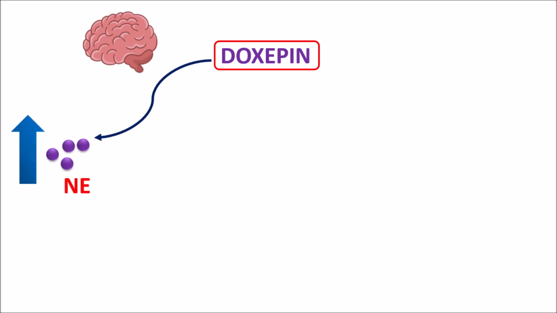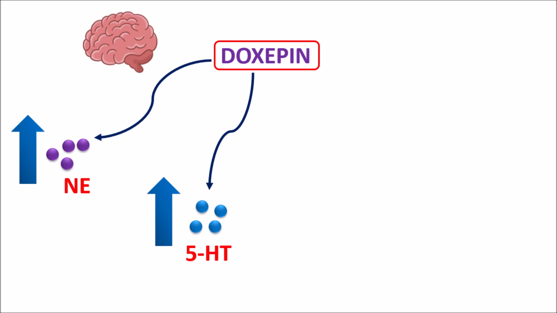Doxepin acts by multiple mechanisms. As we have discussed earlier, Doxepin can act on the CNS to improve the transmission of monoamines like norepinephrine, as well as another monoamine, serotonin. So transmission of norepinephrine as well as serotonin are increased within the CNS. At the same time, Doxepin can act in different ways by blocking various types of receptors.